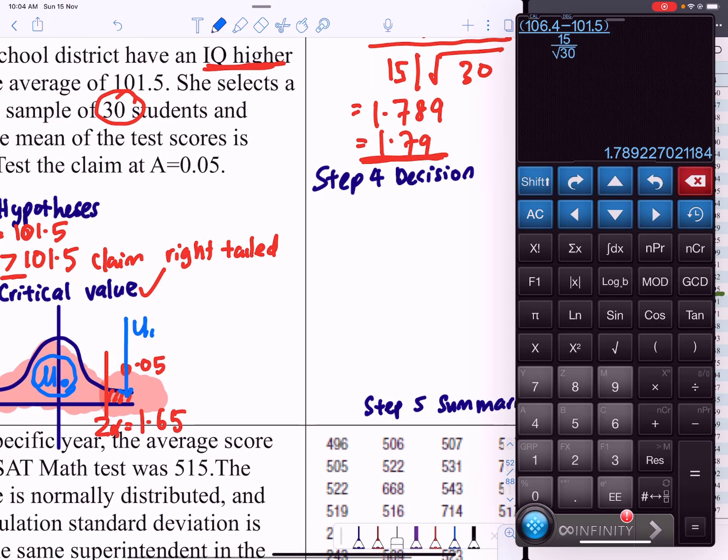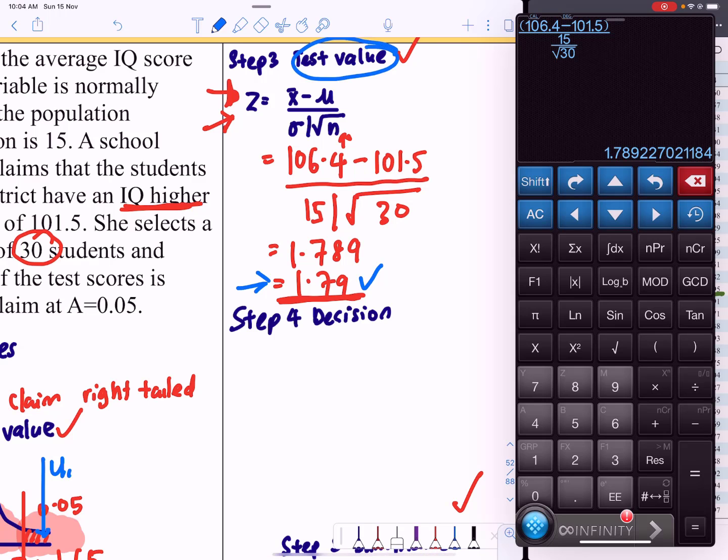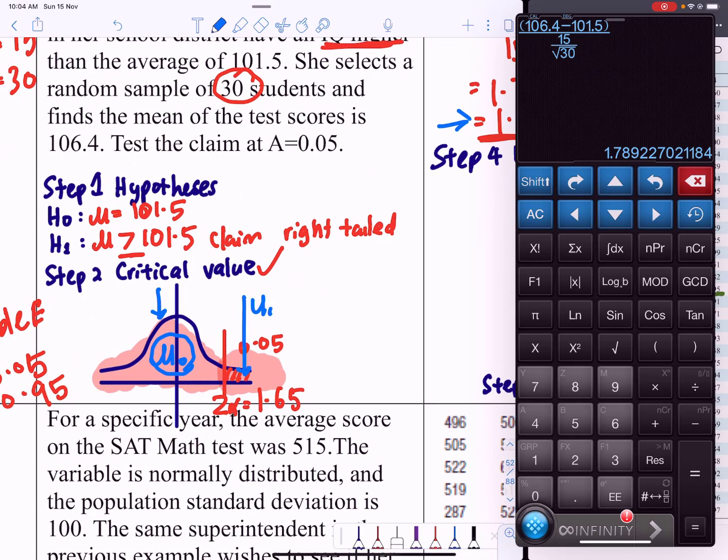If our test value falls on the null hypothesis region, we cannot reject the null hypothesis. Once again, if our test value falls within the null hypothesis, we cannot reject the null hypothesis.